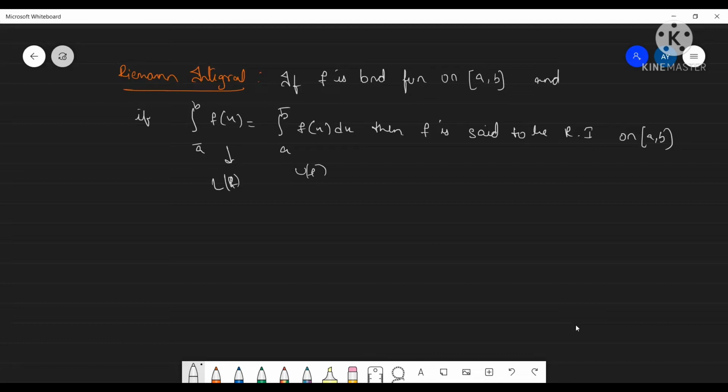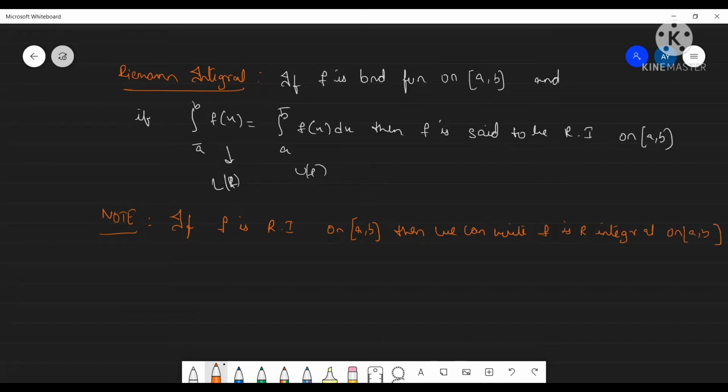There is a note point which says: if f is Riemann integrable on closed interval [a, b], the entire chapter will be studying closed intervals only, then we can write f is R integrable on closed interval [a, b].